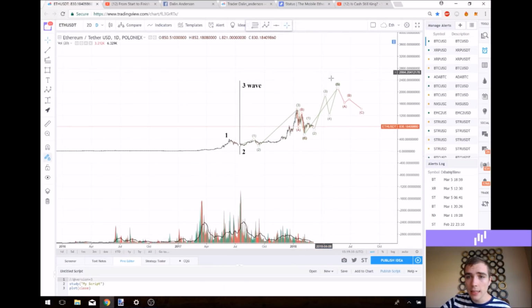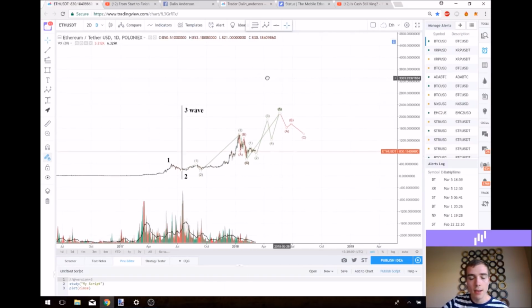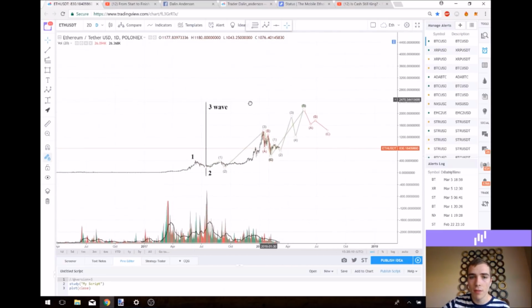So Ethereum is likely to come test $2,000 over the next few months in its 3 wave, okay? Now, does that mean that Ethereum at the top of $2,000 will be done with its market cycle? No, because this is all still 3 wave movement, right? This is all the subwaves of the 3 wave.